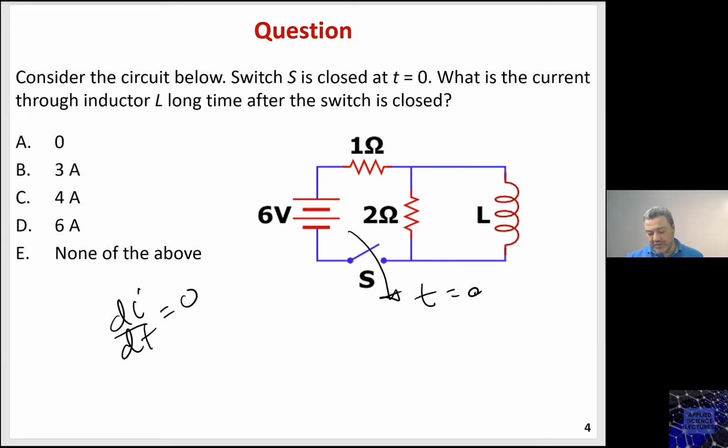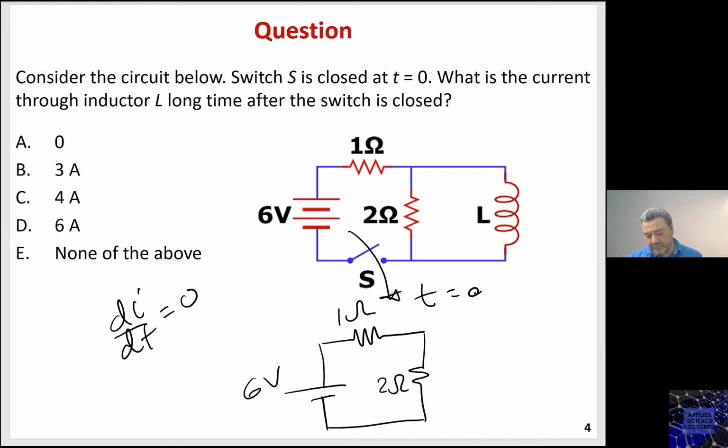With zero resistance, now when the switch is closed and a long time has passed, my circuit is going to look like this. This is the inductor, a piece of wire. Why?